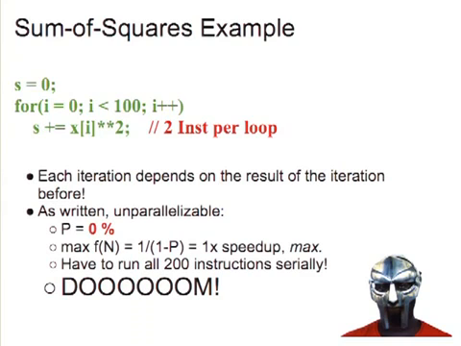K plus 1 depends on k. Everything depends on one step behind, over and over and over again. It's, as written, unparallelizable. P equals 0%. You plug that in, the maximum possible speed up is 1 over 1 minus 0. 1x speed up, max. Doomed.